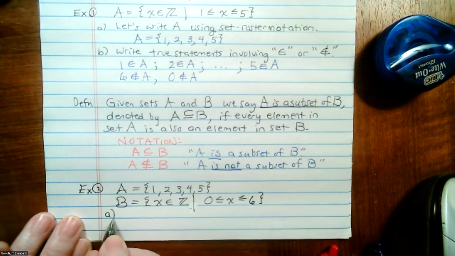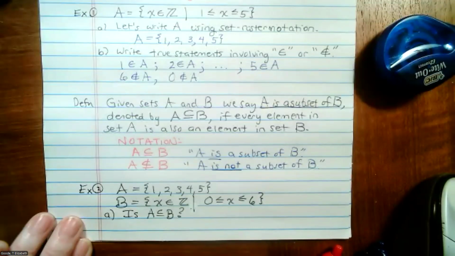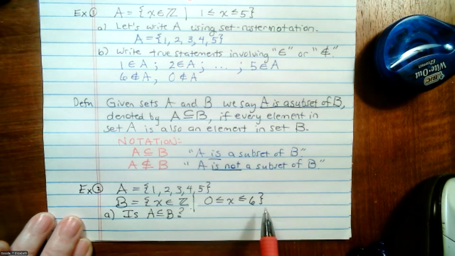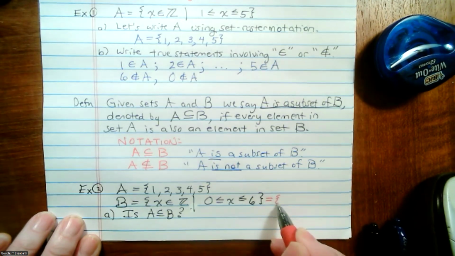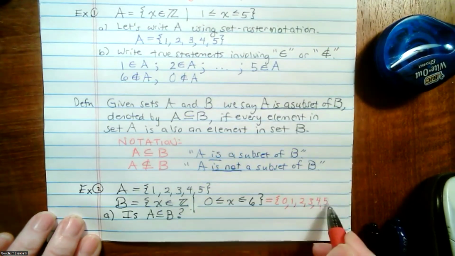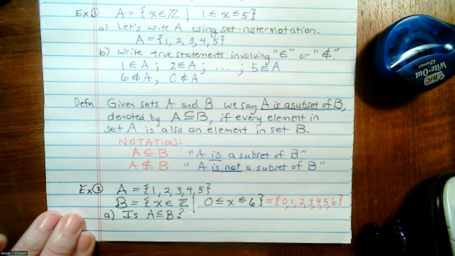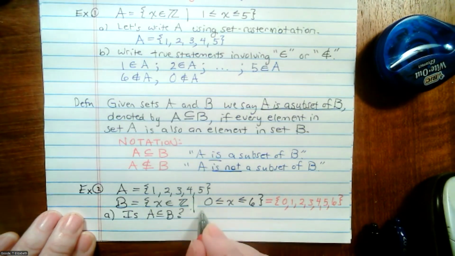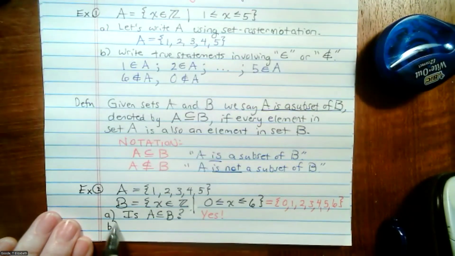Then is A a subset of B? Well, it might help if we, yeah, what are the elements in B? The elements would be 0, 1, 2, 3, 4, 5, 6. Good. So is A a subset of B? Yes, because it has the elements 1, 2, 3, 4, and 5 in it. Exactly.